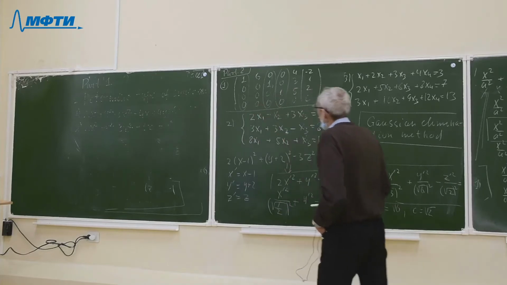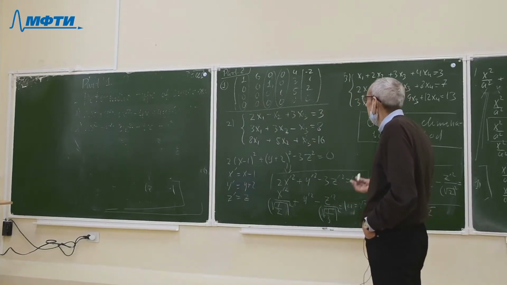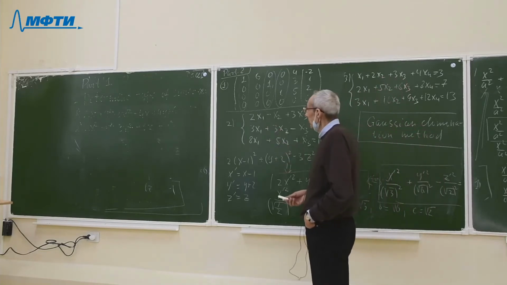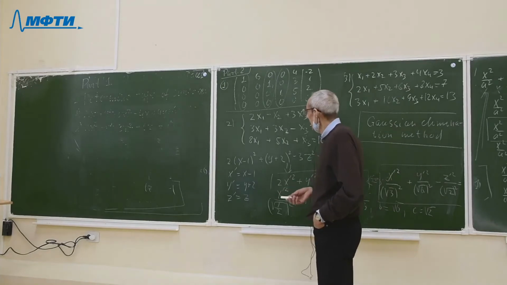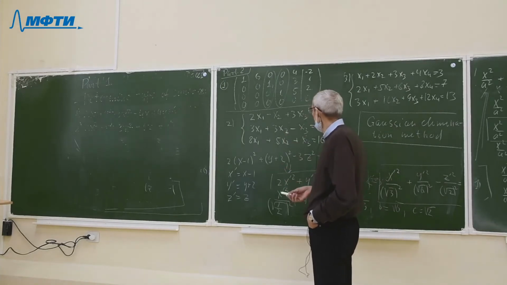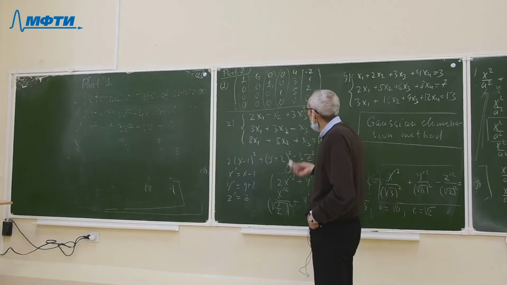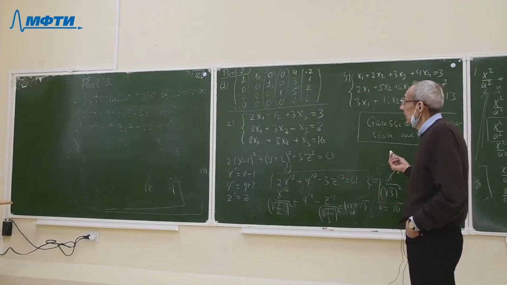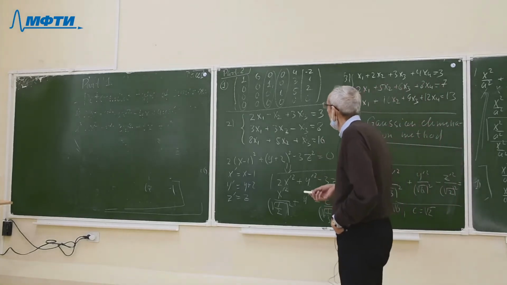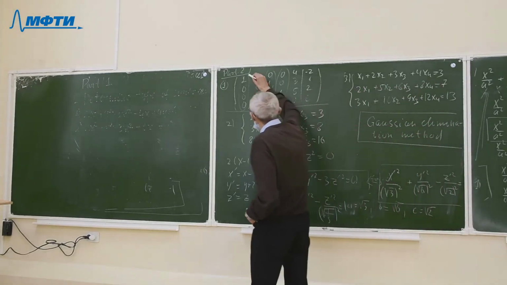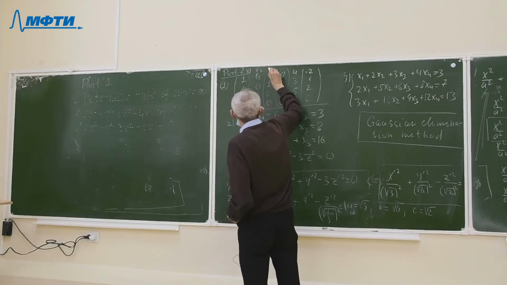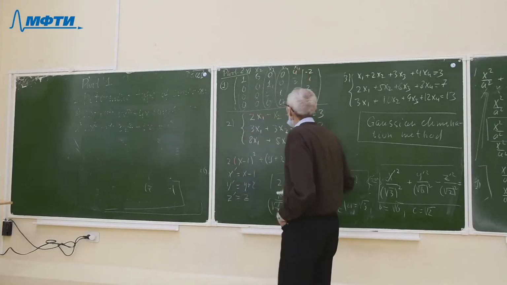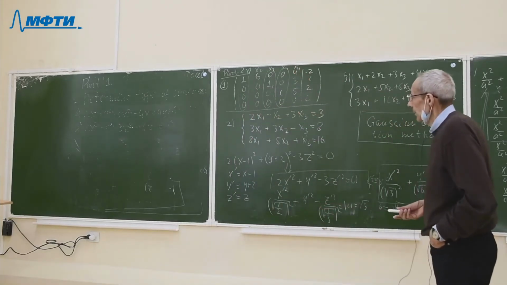We can see that one of the properties from the definition of reduced echelon form is also fulfilled. And in this case, we obtain the reduced row echelon form, and we can write the solution of this equation.